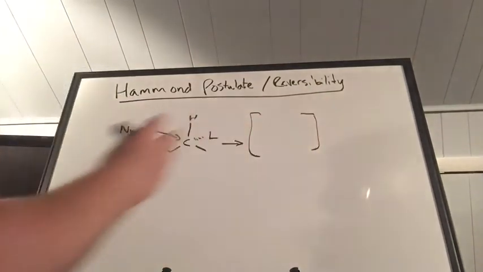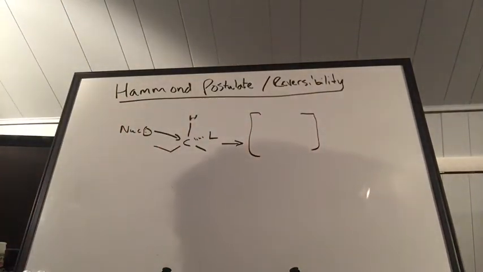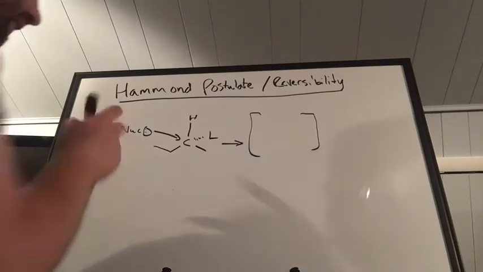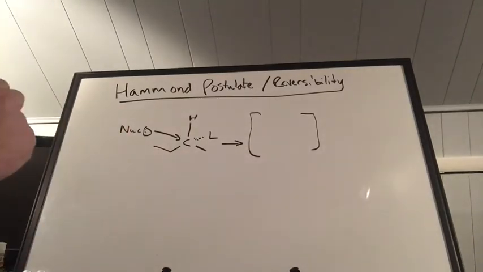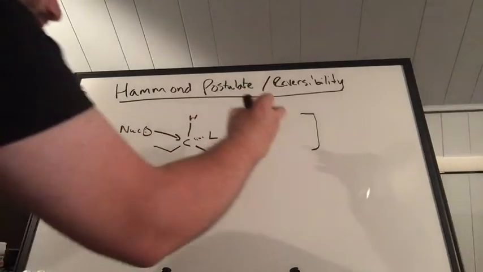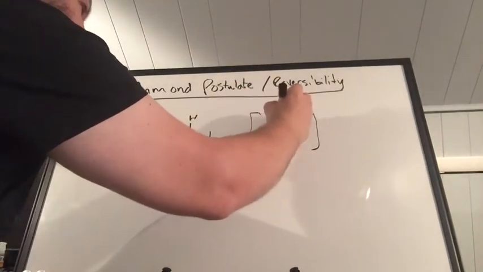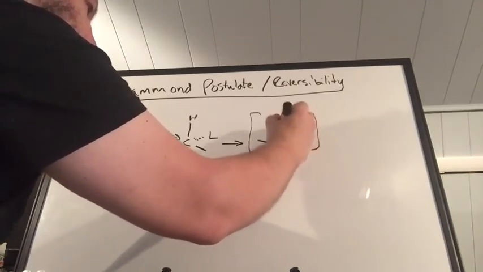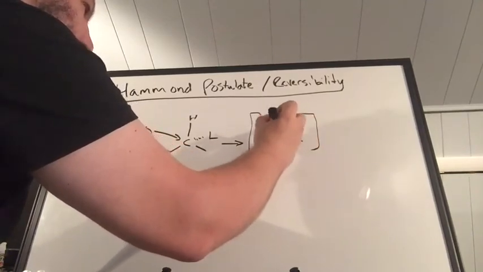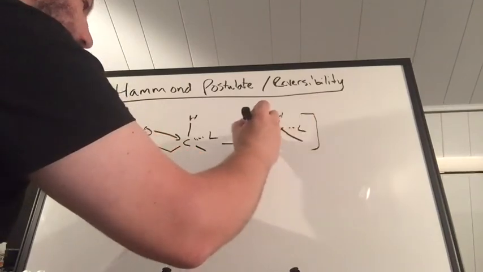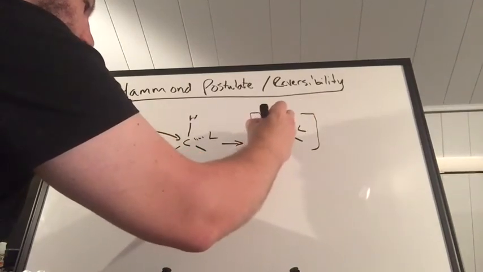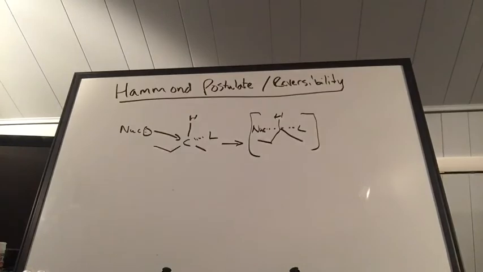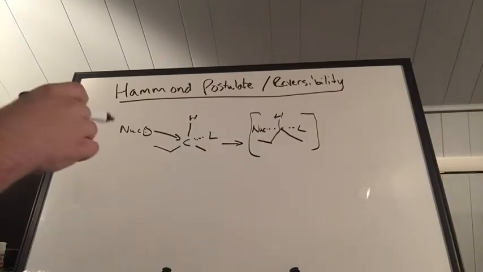The transition state is going to look more like the reactants if this is a powerful nucleophile. Remember that you're going to have that high energy transition state, but this is going to look more like your reactants.